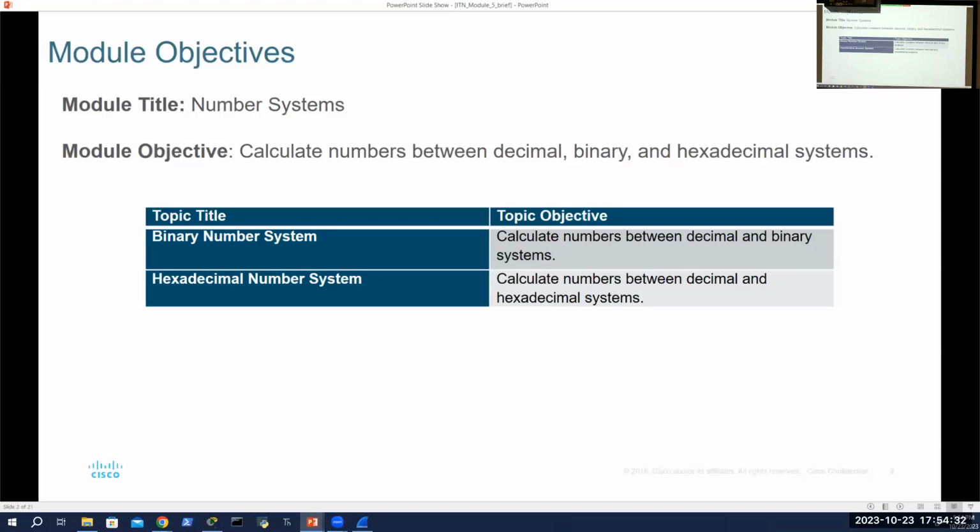Okay, so hex is somewhat important for you to be able to convert to decimal, or more likely, a binary value.